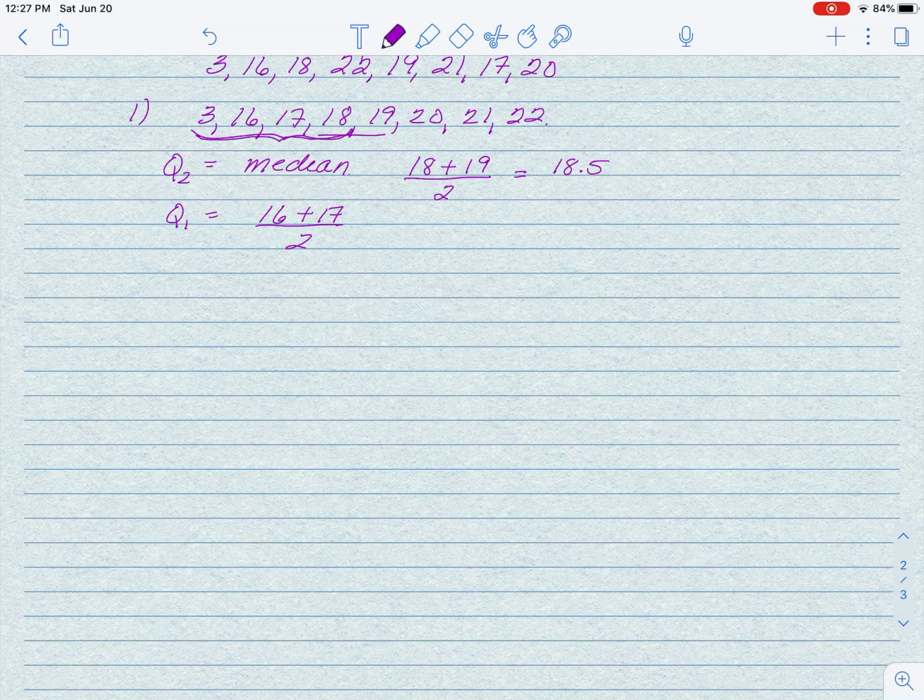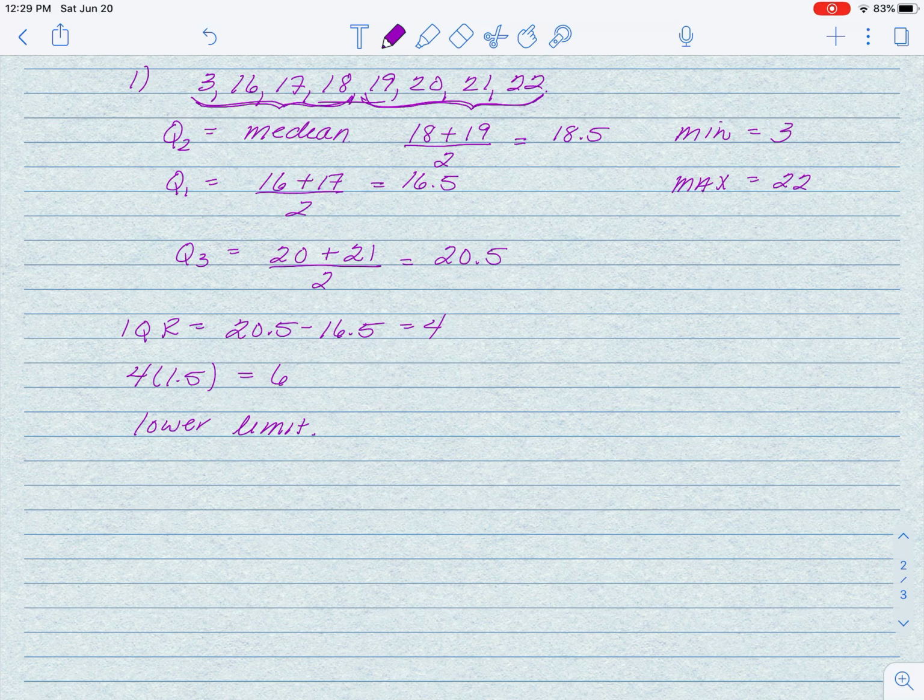So the lower limit is Q1 minus that 6, so it's 10.5. And the upper limit is Q3 plus that 6, so it's 26.5.